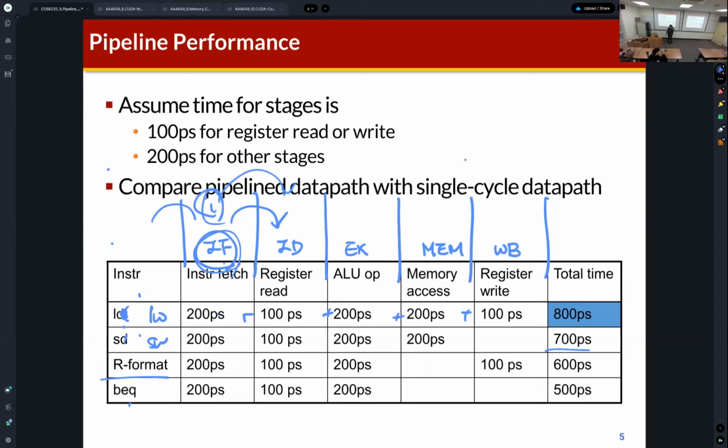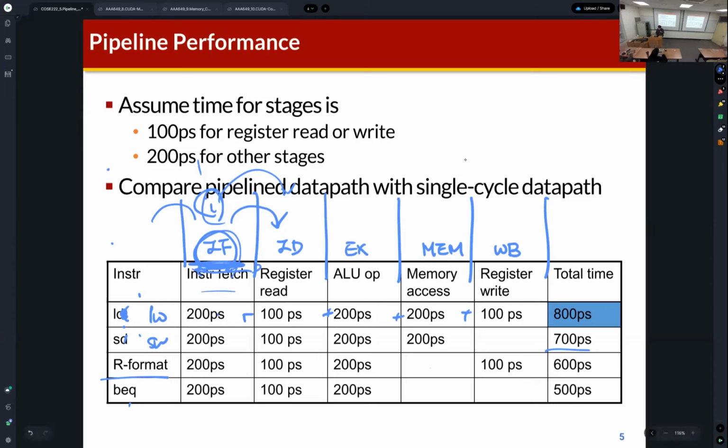So we need to focus on the delay of only one stage. Which means that the delay of this one stage decides the clock period of the pipeline processor. Okay, then what is the clock period?